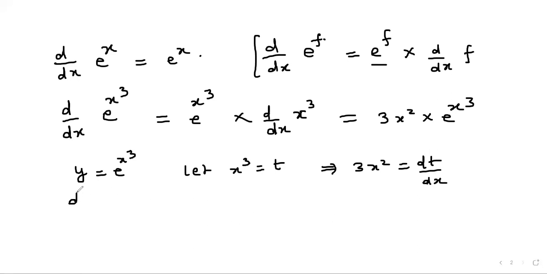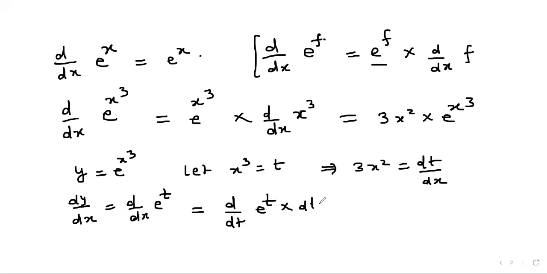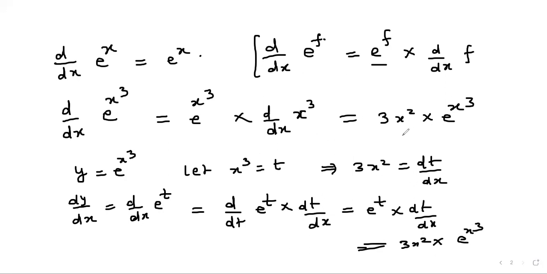Then our question becomes dy by dx equal to d upon dx of e power t, which can be written as d upon dt of e power t into dt upon dx. So e power t will become e power t times dt upon dx. Now we put the values. So dt upon dx is 3x square, and e power t, t is x cube. So we have got the same answer, but it is a little longer.